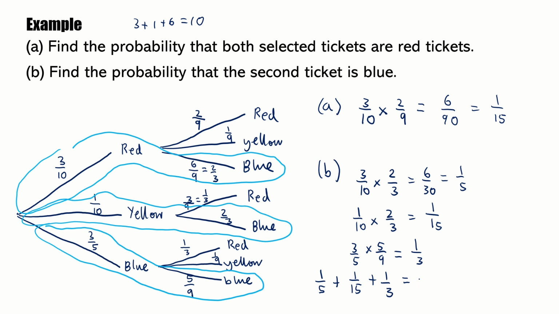So all we've got to do is now calculate that, and that will come to 9 out of 15, which actually is quite nice because then that's just 3/5.